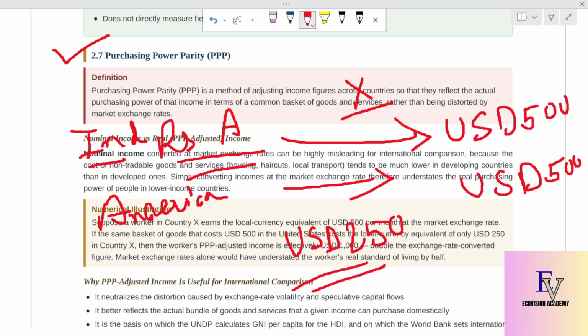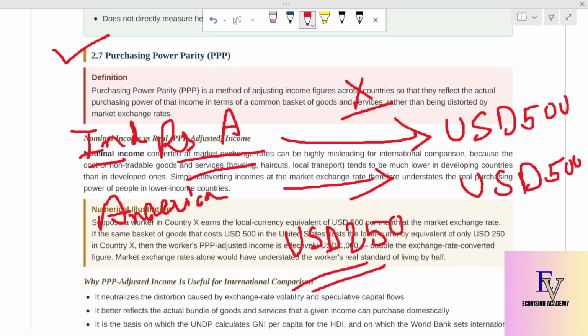Why? Because in my country I have to spend 500 dollars for the same basket of goods which you are buying in India. When you buy in India and convert the Indian money to American dollars, you can check that the same basket of goods costs you 250 dollars. But the same basket of goods costs 500 dollars in America.